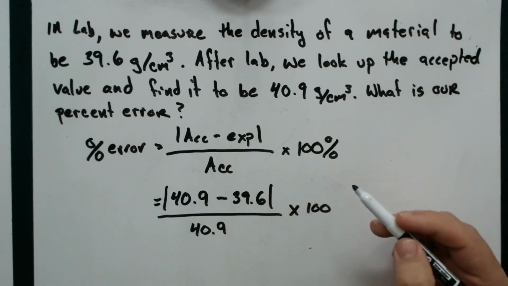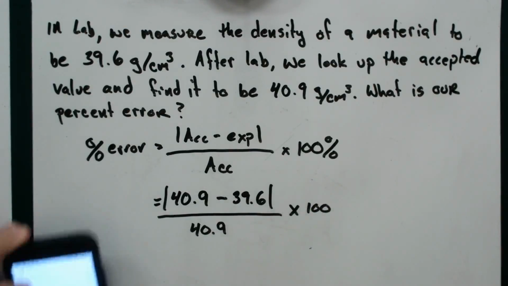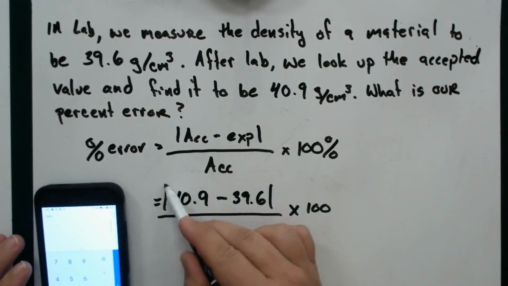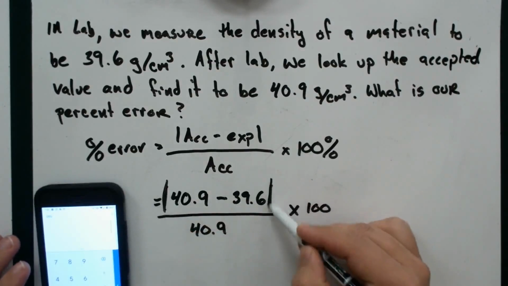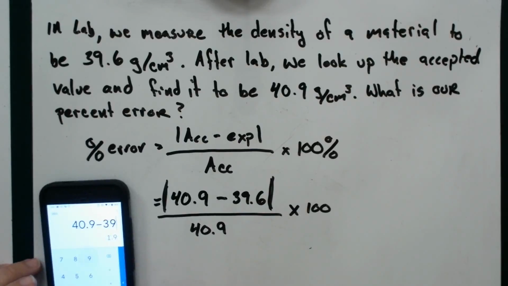Now, we need to make sure that we follow the order of operations, PEMDAS. We do our parentheses first, and these absolute value bars act like parentheses, so we do them first. 40.9 minus 39.6 is 1.3.